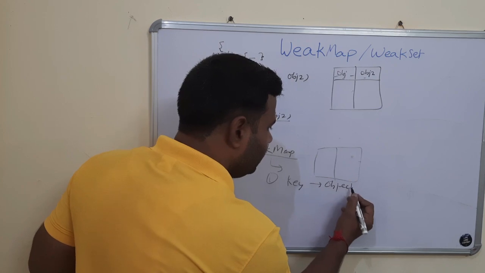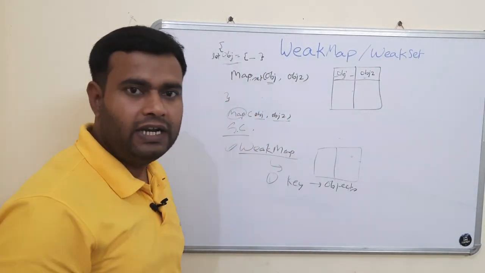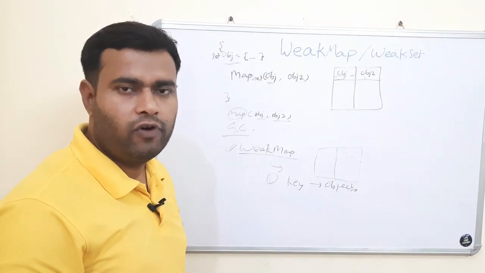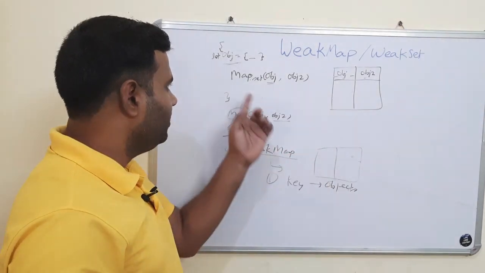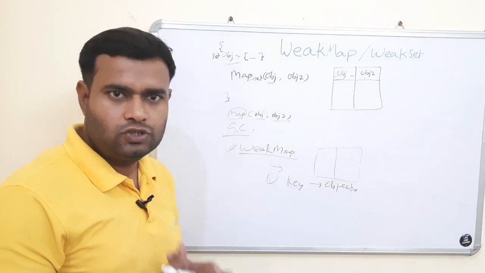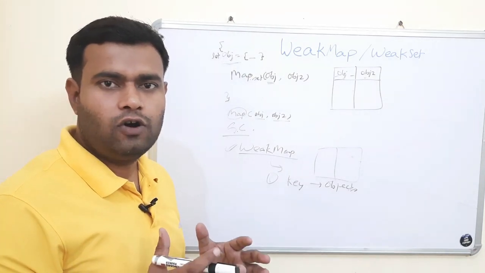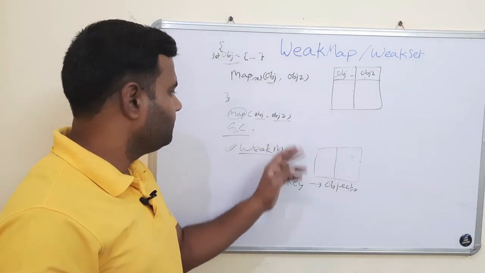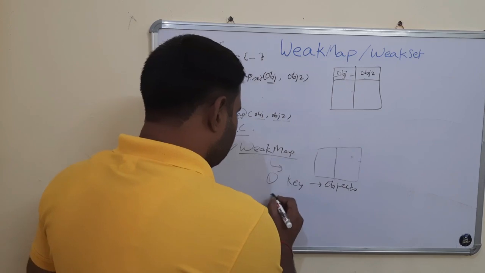It cannot contain basic primitive types, for example string, boolean. In a normal map, however, you can store these primitive data types as keys and objects, right?